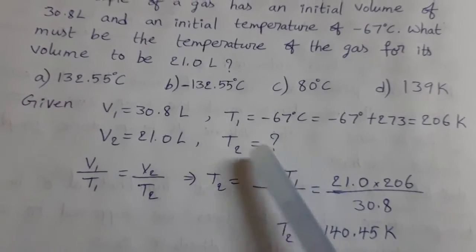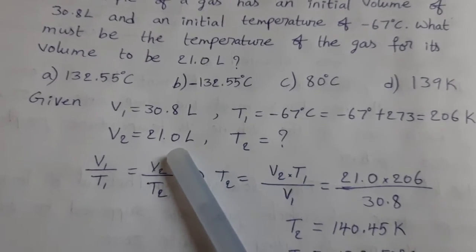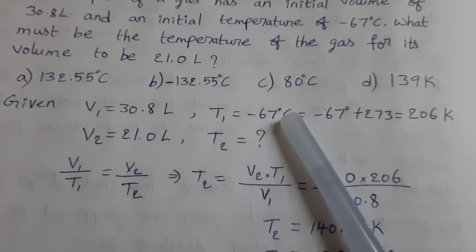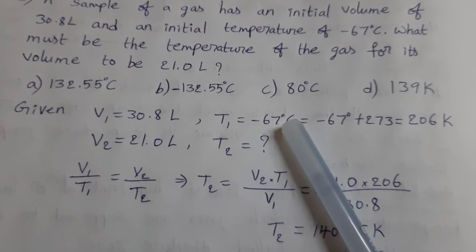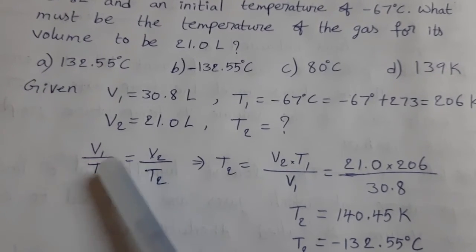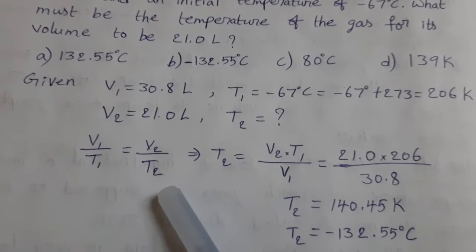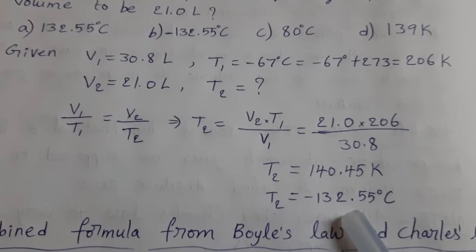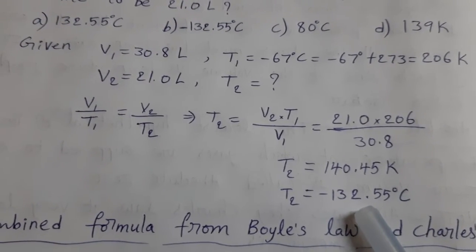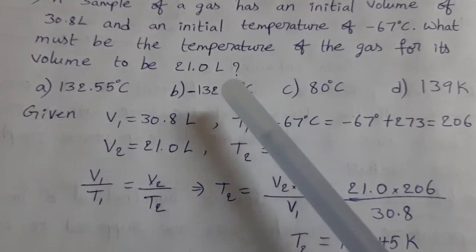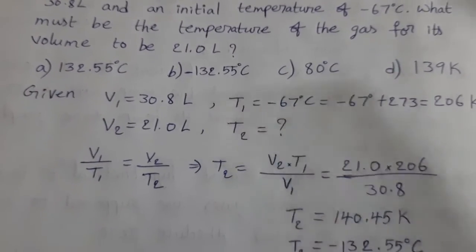Here temperature decreased, that's why volume also decreases. So our answer should be less than this one. Then only the procedure is correct. So suitable formula V1 by T1 equal to V2 by T2. T2 we want, substitute the values, then we can get minus 132.55 degrees Celsius. What is the option? Option B is the answer.